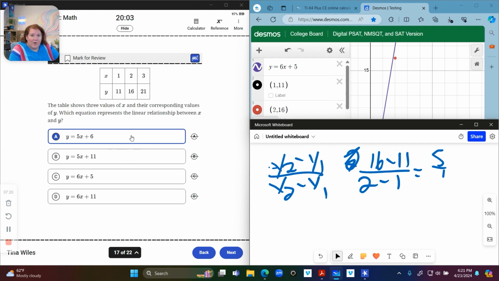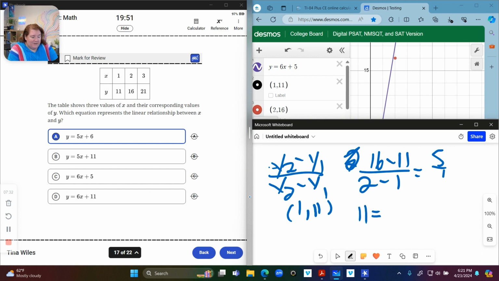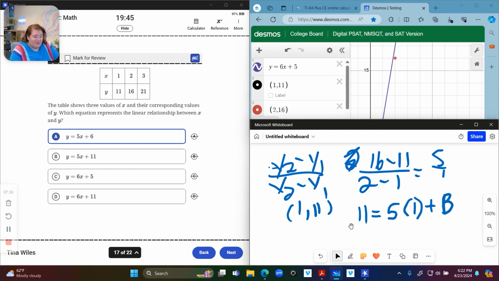And then to find the y-intercept, I would plug in one of the points. So if I use the point 1, 11, I would say the y value equals m, which is 5 times x plus the b value. So when you solve that, you get b equals 6.